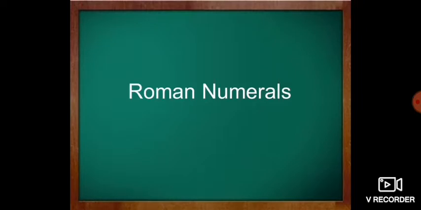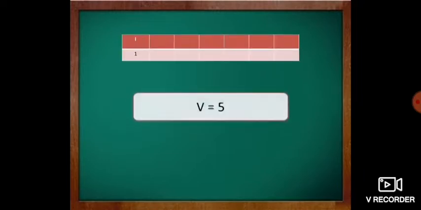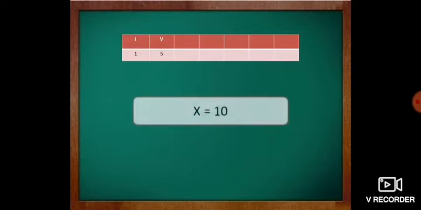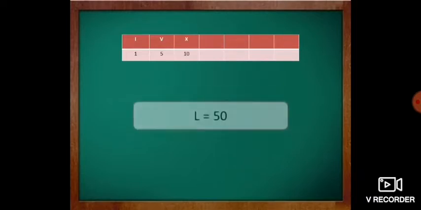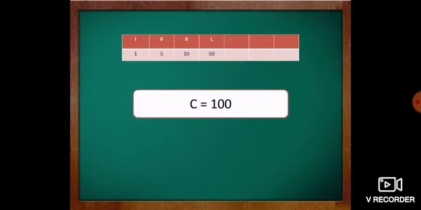Numeral system. Each symbol is represented by a letter of the English alphabet. You can write any number using a combination of these symbols. Let's take a look at these symbols. First one is letter I, which means 1. The second one is V, which means 5. The third one is X, which means 10. The fourth one is L, which means 50. The fifth one is C, which means 100.